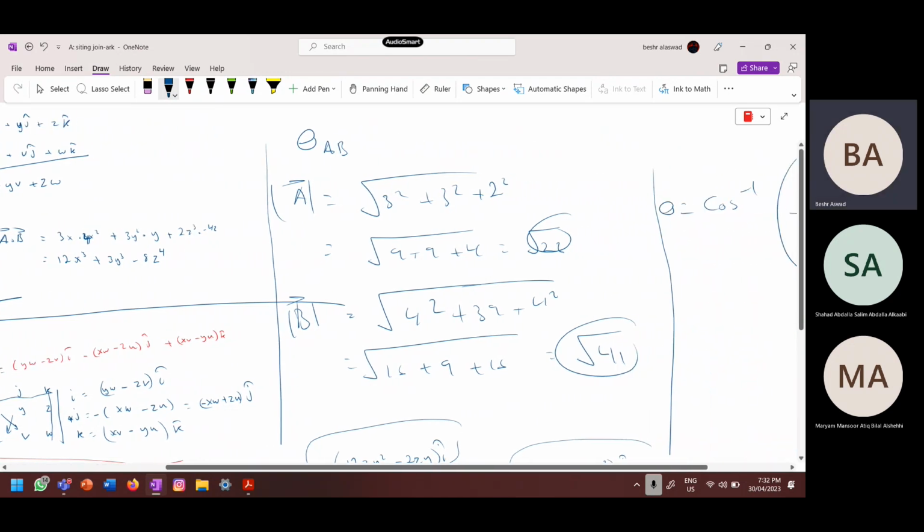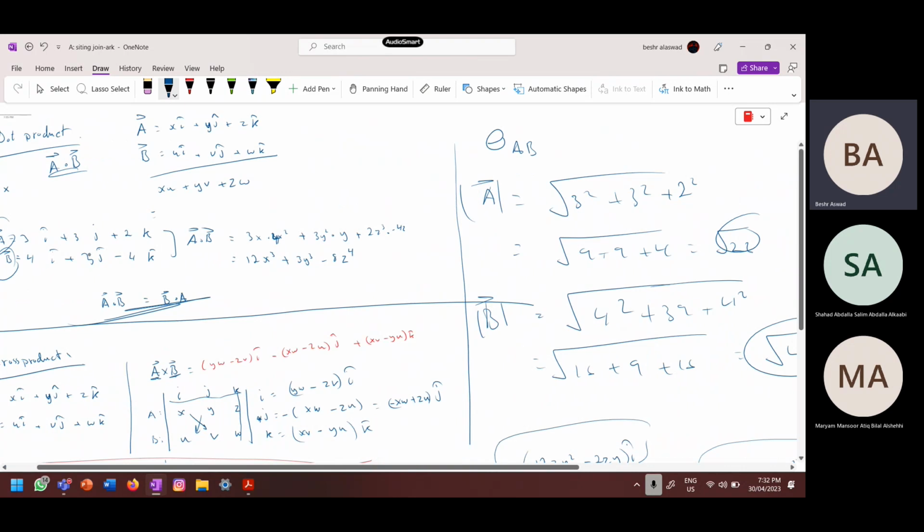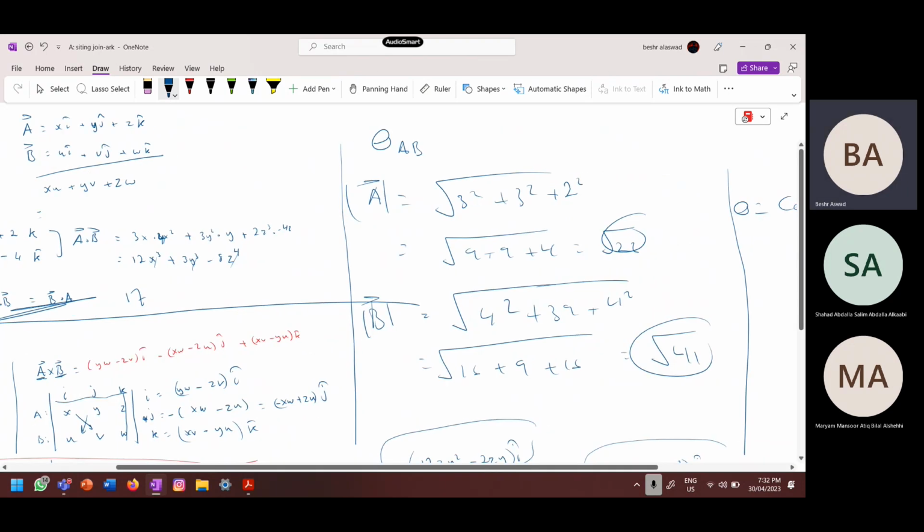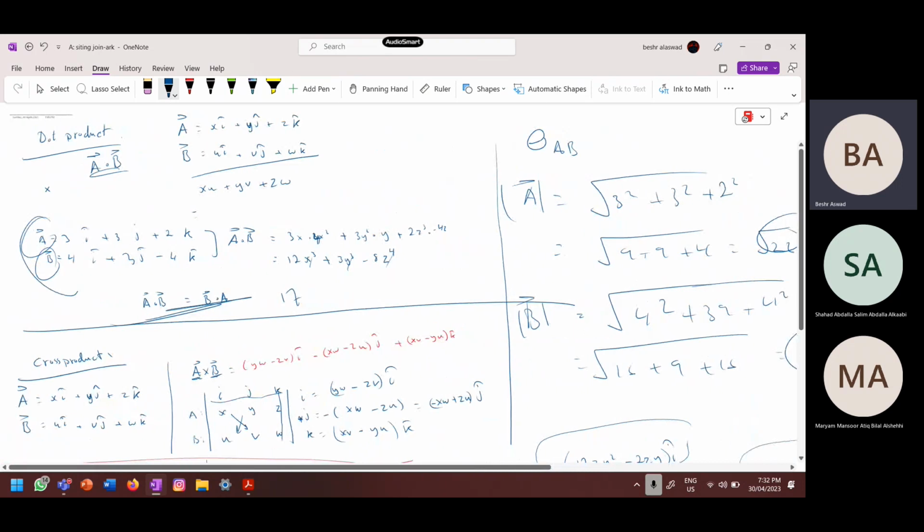So the dot product of A and B, since we ignored the constants for now, for another question, is 12 plus 3 minus 8, which is equal to 17. Okay, these are two new vectors for a different question. Remember this: the dot product of these two new vectors is just 17.